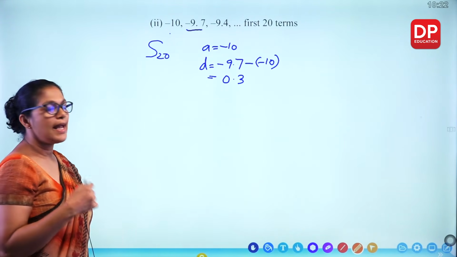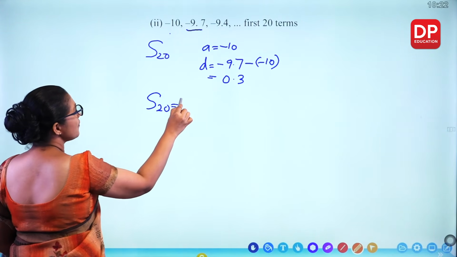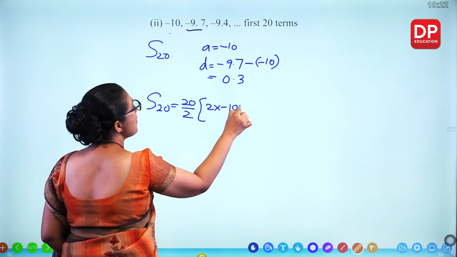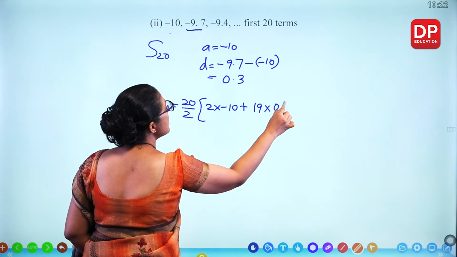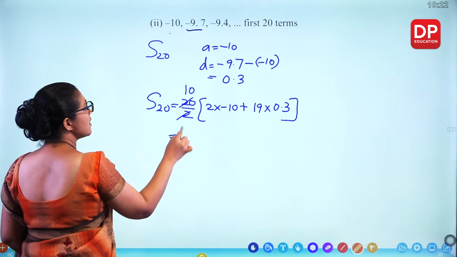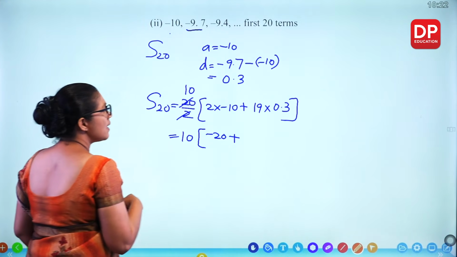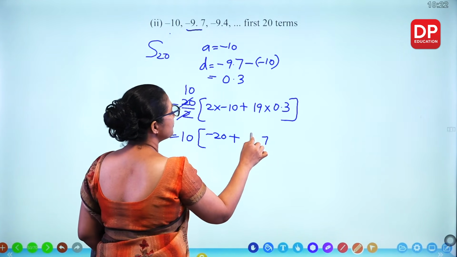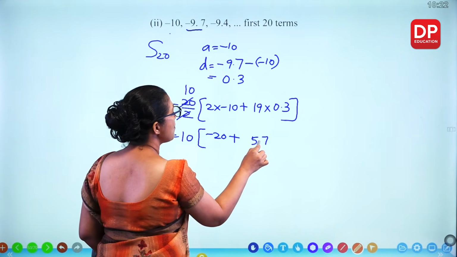So we know A and D, find S20. 20 divided by 2, 2A plus n minus 1, that's 19 into 0.3. This is 10 times minus 20 plus 19 times 3, here 57. So 5.7.